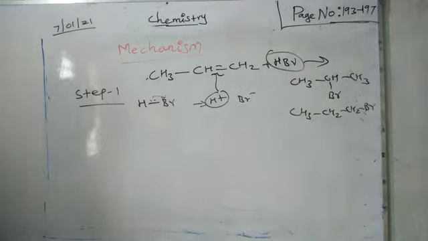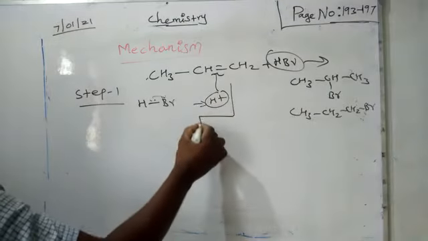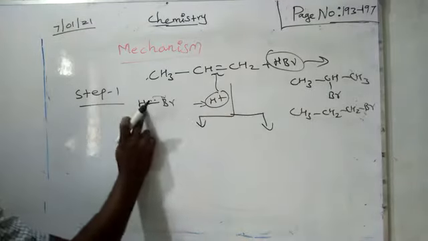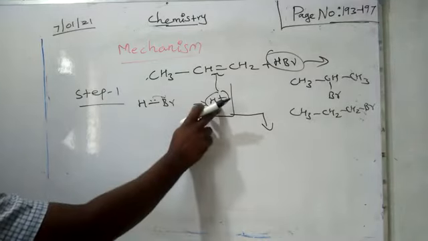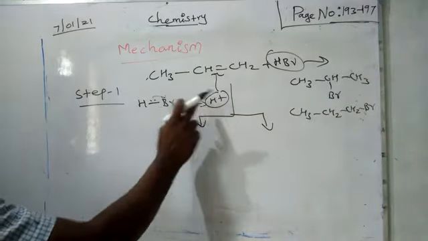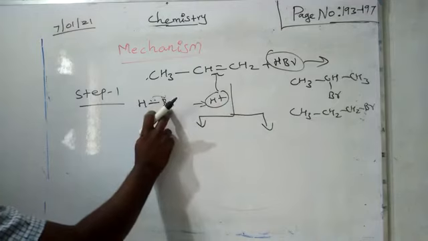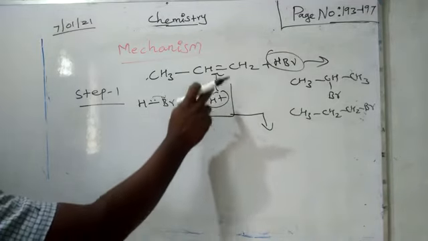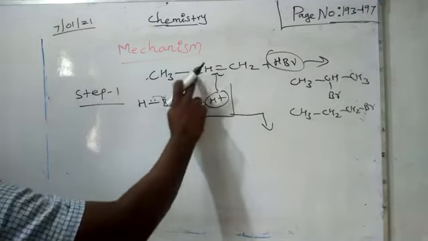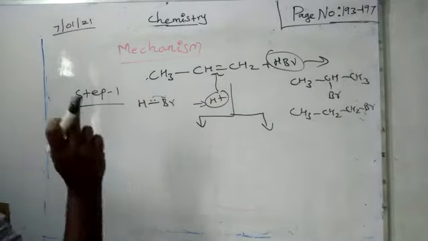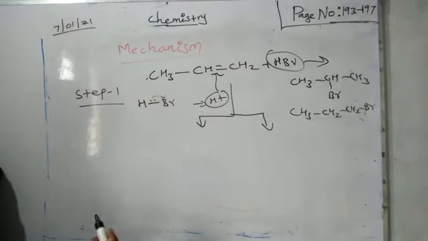When it attacks the double bond, it forms a carbocation. What do we mean by carbocation? Carbon with a positive charge. So from the HBr, H plus is eliminated because of the more electronegative character of bromine, and that H plus attacks the carbon-carbon double bond. So it may produce two types of carbocation.